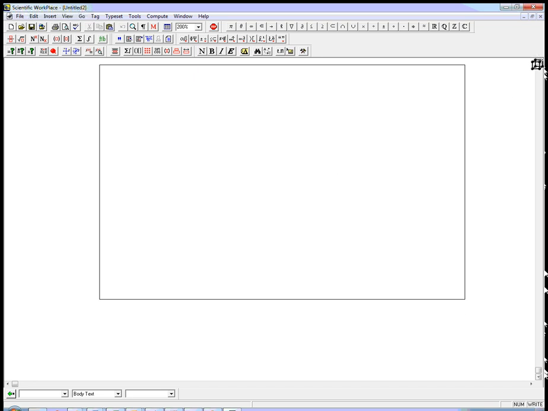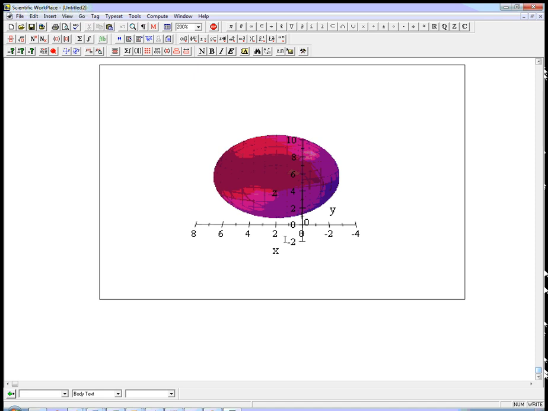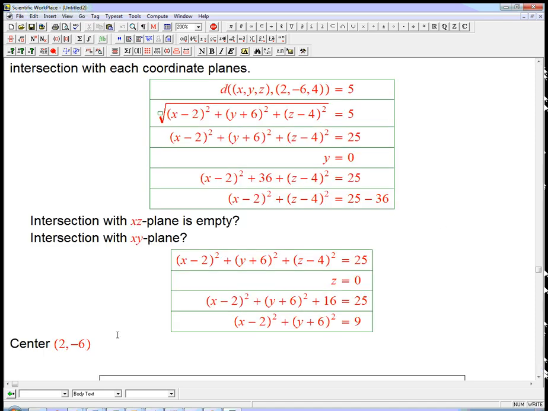Maybe not. Maybe it's just hosed. That's the projection of the center of the sphere onto the xy plane. X equals 2 and y equals minus 6. So that gives the center of that circle, and the radius is just 3.